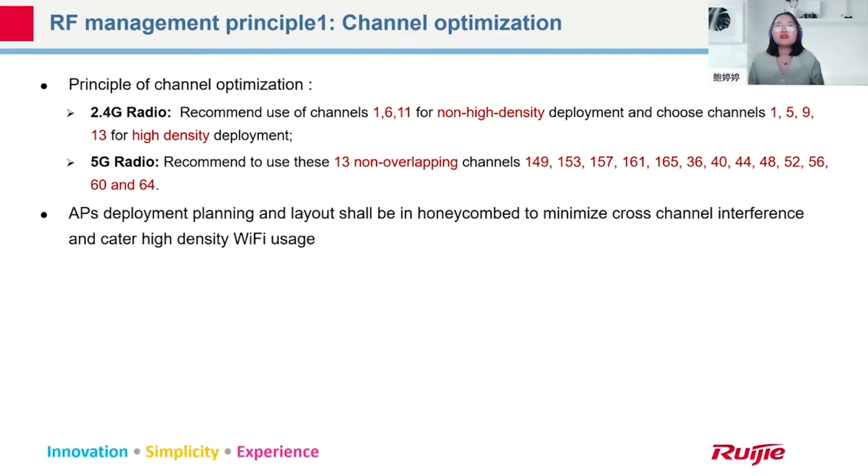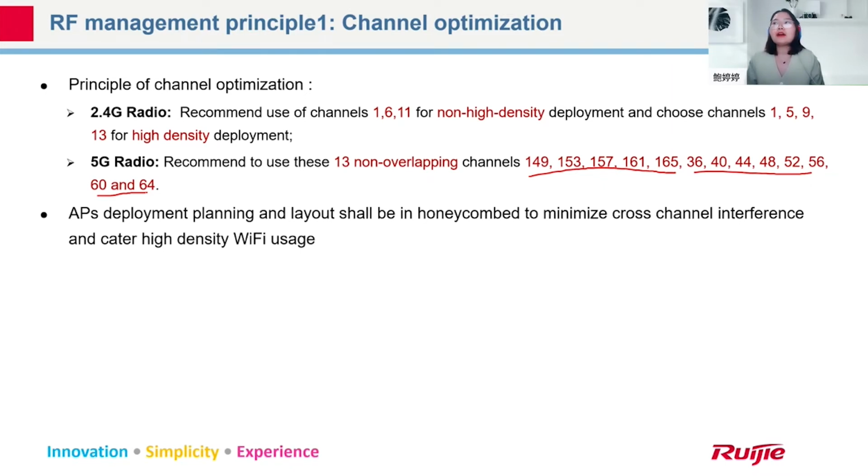And about the 5G radio, we recommend to use 13 non-overlapping channels like these channels. And about these 13 non-overlapping channels, when we choose to deploy 5 gigabit, we also have another suggestion. The first part, this one, and the rest part, these 2 parts are divided, one for the 5.1 gigabit and another one for the 5.8 gigabit.